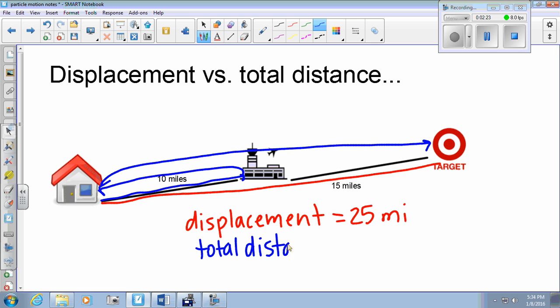I am still 25 miles from where I started, but my total distance is 10 miles that I went to the airport, plus the 10 miles I had to drive back home, plus the 25 miles then to get to Midland. So my total distance would be 45 miles rather than the 25. So displacement doesn't care how much you had to backtrack in between, it's just how far you are from where you started. But total distance means every distance I had to drive.